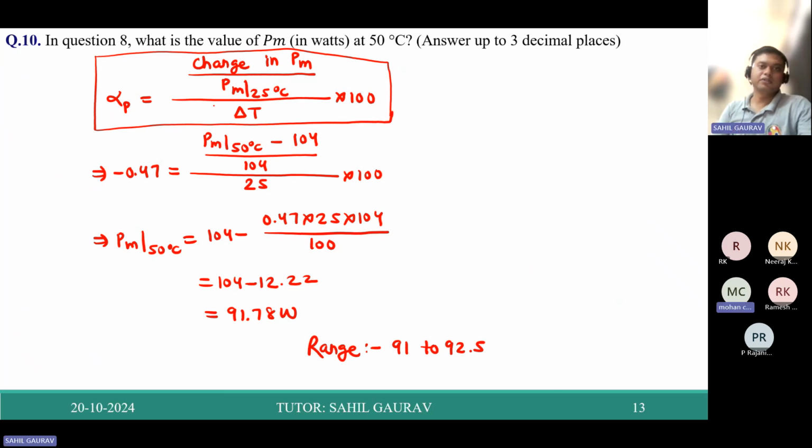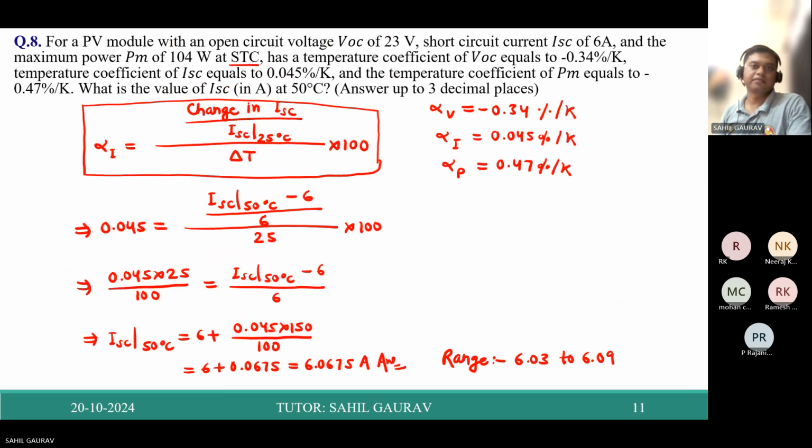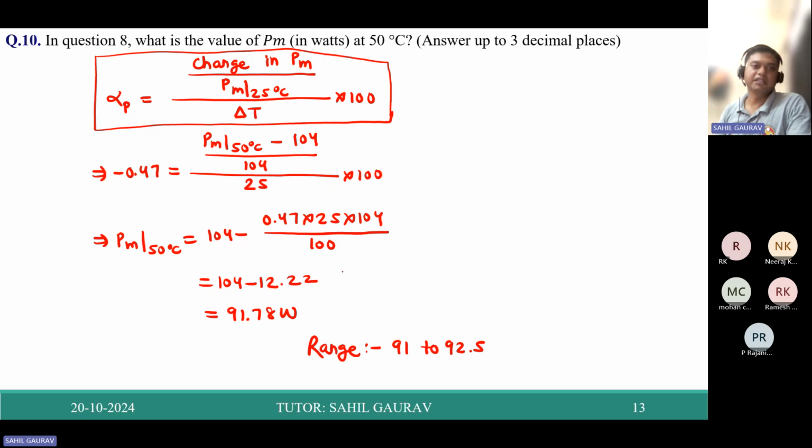So it is similar to VOC temperature coefficient and ISC temperature coefficient, that is change in PM upon PM at 25 degrees Celsius upon delta T into 100. So upon simplification, you will get 91.78 watt. So temperature coefficient for power is also negative, minus 0.47. That's why this value is coming lesser than this 104 watt.